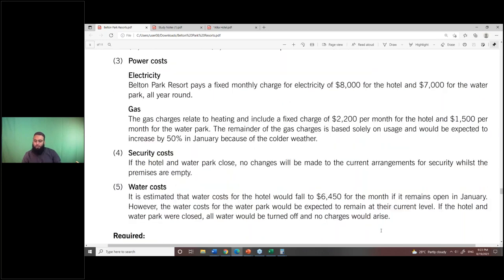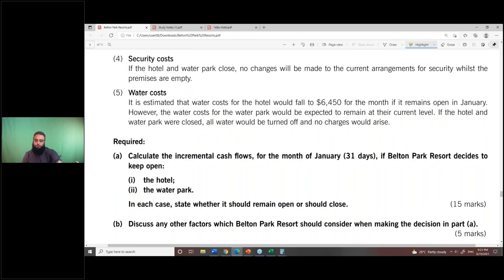The requirement is to calculate the incremental additional cash flows for the month of January, considering 31 days, if Belton Park Resort decides to keep open. If they decide to keep open in January, it means they want to take a decision whether we should keep the park open or not.